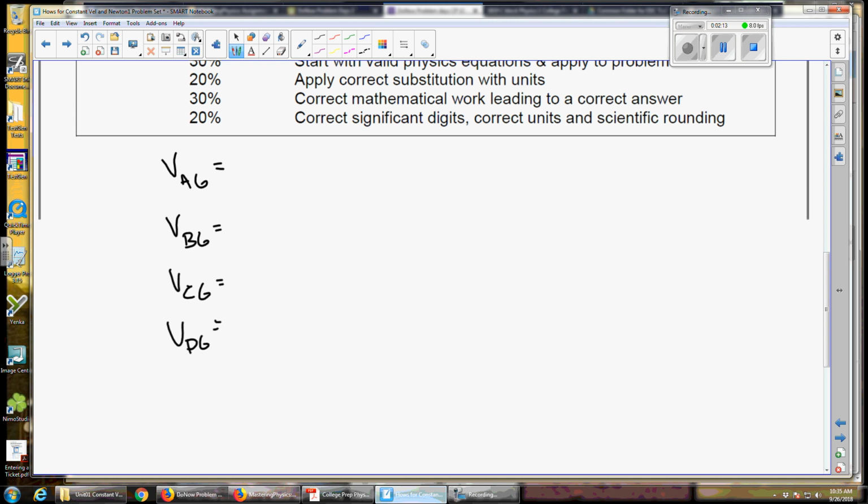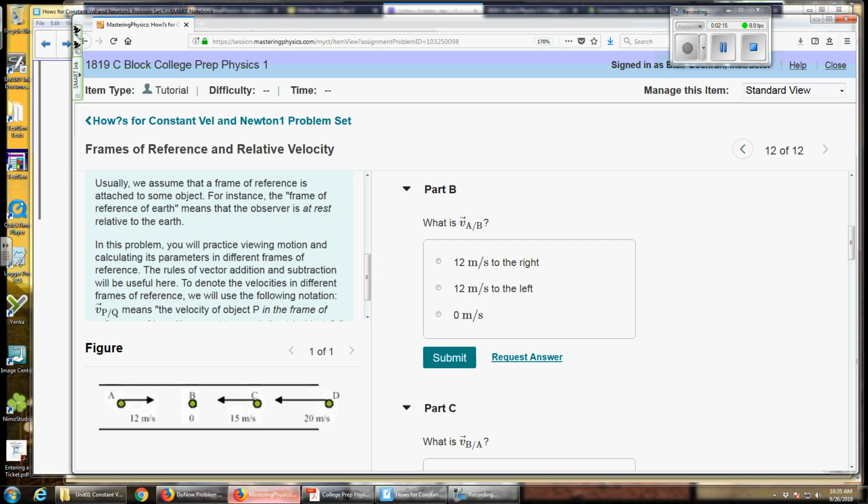On our figure, which direction does the class want to call positive? Well, there's two directions in our diagram. There's right and there's left. Which one do you want to call positive, right or left? Right. To the right? Okay. So we'll take to the right as positive.